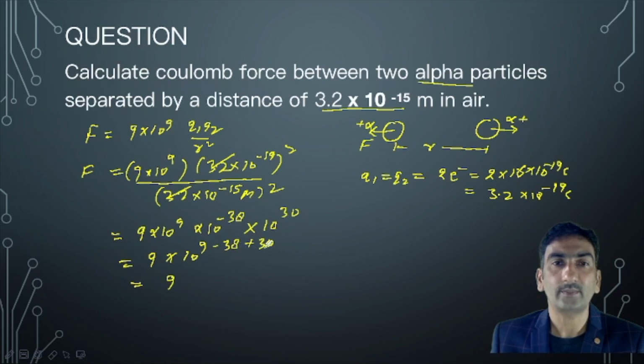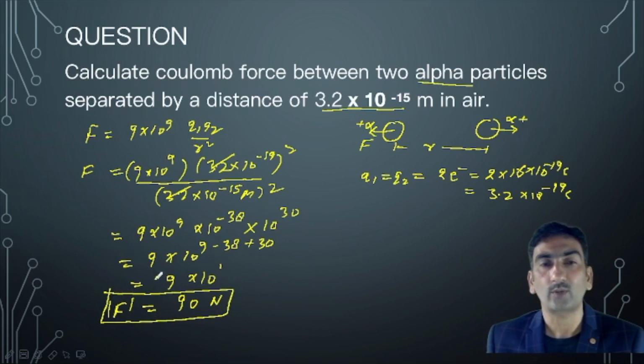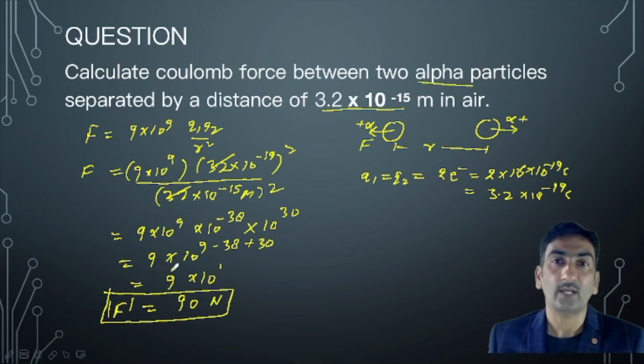Minus 38 plus 30 is negative 8, and 9 minus 8 is 1, so it is 10 to the power 1, and that would be 90. We are calculating the magnitude of force, so this would be 90 Newton. That would be the force between these two alpha particles, which are placed at a distance of 3.2 into 10 to the power minus 15 meter, and that force is repulsive.